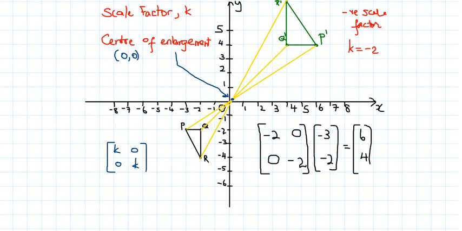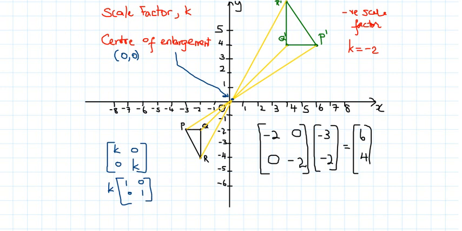Alright, so once you know your scale factor K, you'll be able to get your enlargement matrix. As you can see, it's like a scale factor of K times your identity matrix.